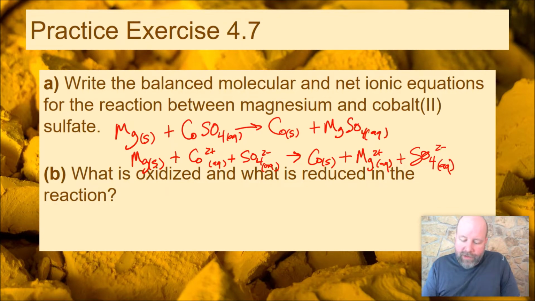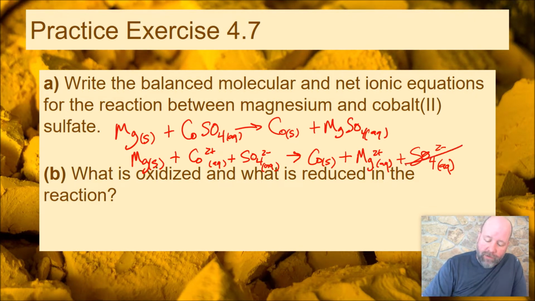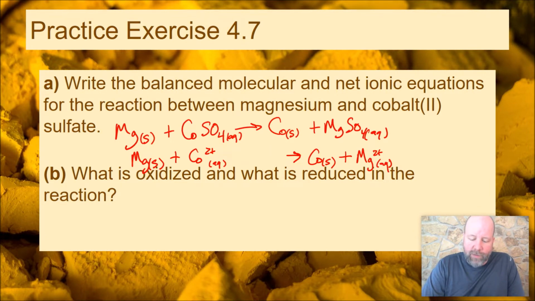So that's our complete ionic equation. To make it a net ionic equation, we simply strike out the things that appear on both sides. It appears to be just the sulfate. So my net ionic equation would look something like this.